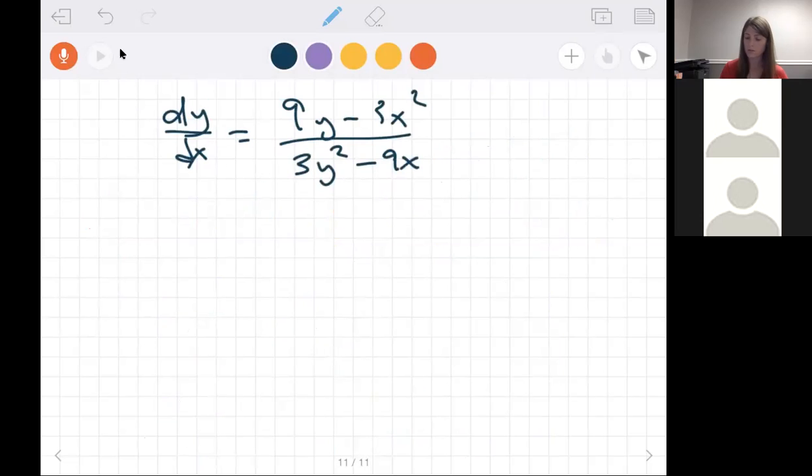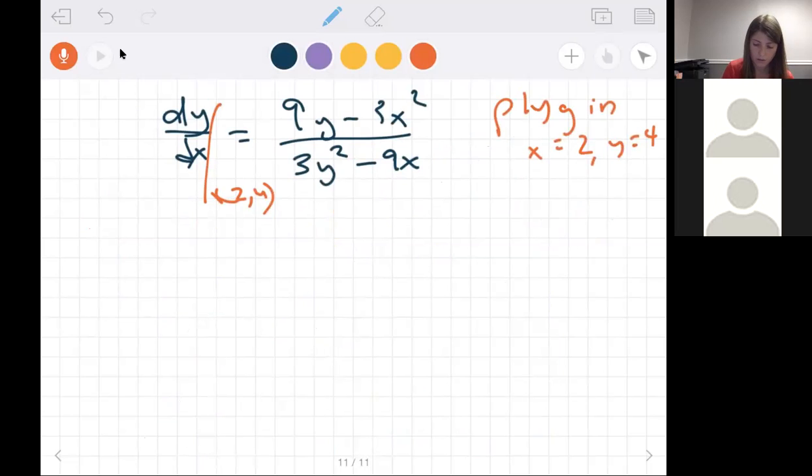And what we're going to do is plug in x equals 2, y equals 4. And sometimes when we do this, we put the 2, 4 right here, just this bar, to denote we're plugging it in. So let's do that.